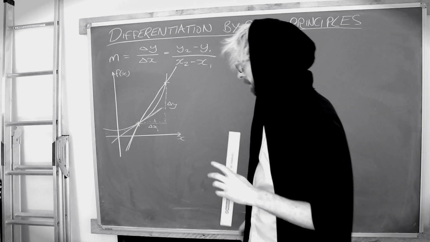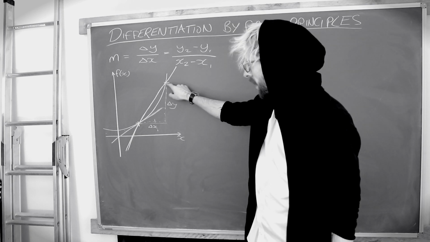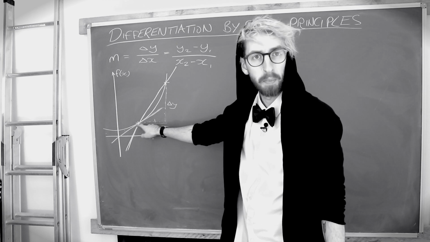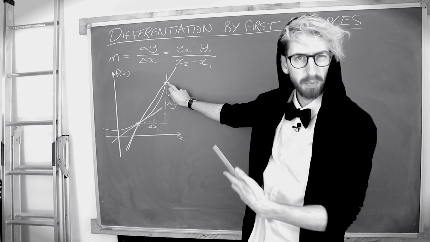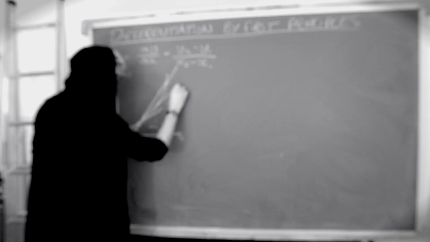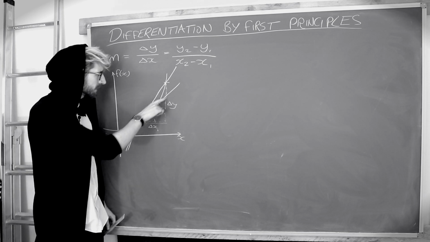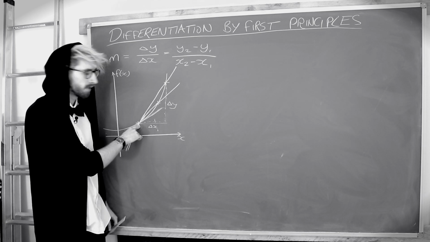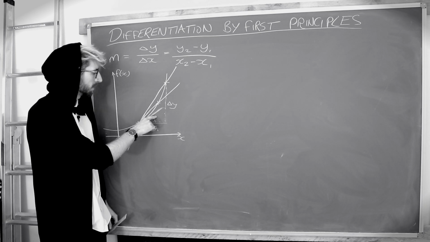So we do something a little bit sneaky. We take this point and move it closer and closer to the place where we want the gradient. Instead of being there, we move to here. Look at that, we now have this line. This coordinate is much closer to the one where we want the gradient, and this line is nearer to our tangent.